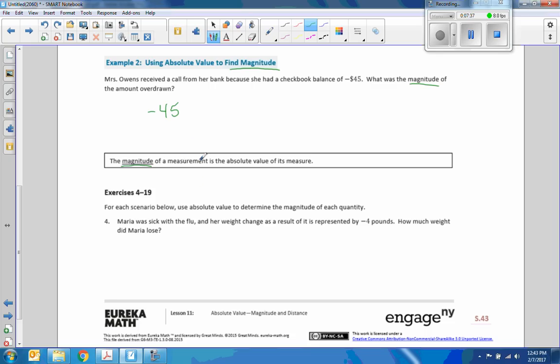So the magnitude of measurement is the absolute value of its measure. So if I take the absolute value of the measure, which was negative $45, the absolute value is 45. So therefore the magnitude of negative $45 is $45. Okay, Mrs. Owens overdrew her checking account by $45.